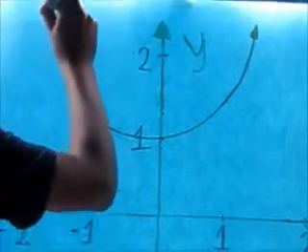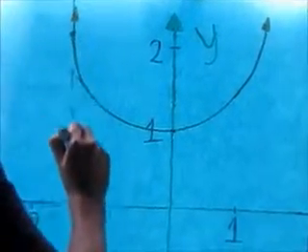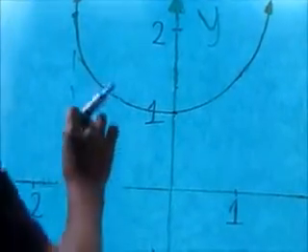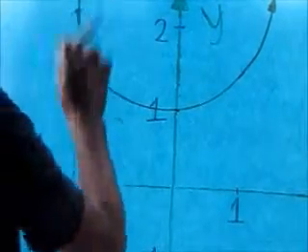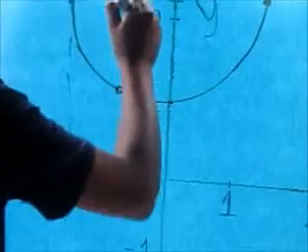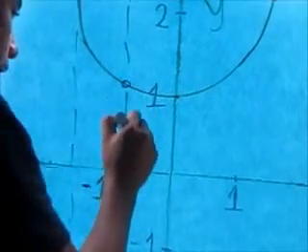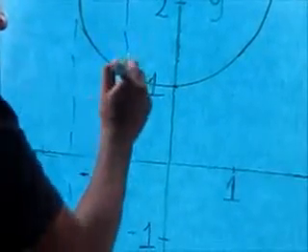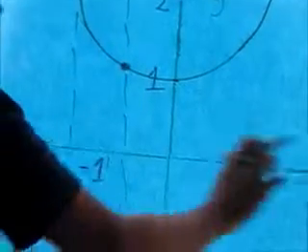At this point, we pass the line. So here we see that no point meets. Now we take this point, and again we do the same, and we see that this is the only point in the x-axis.